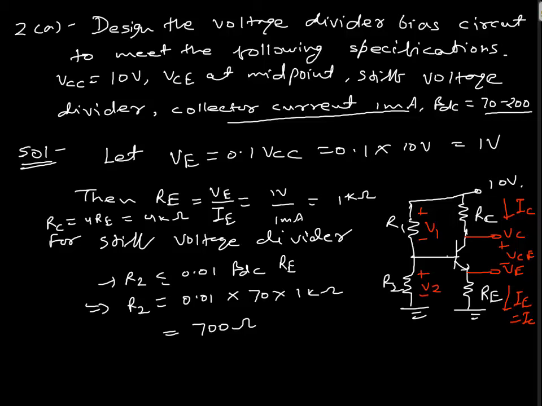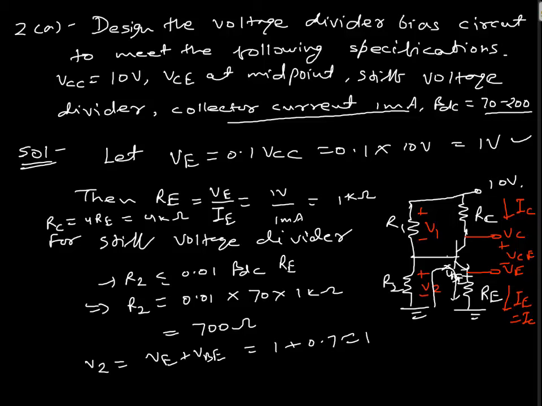Okay, first see what is V2. So V2 will be, if we take here in this condition KVL, so what should be V2? V2 should be VE plus VBE. So this voltage is VBE. VE already we know. So what is VE? VE came as 1 volt. So 1 plus VBE, by default 0.7 volt. So this should be 1.7 volt.